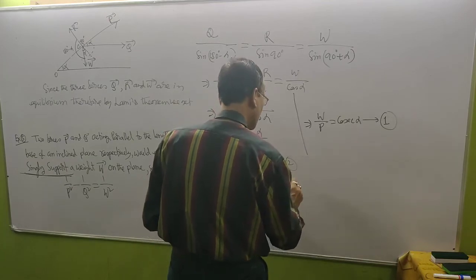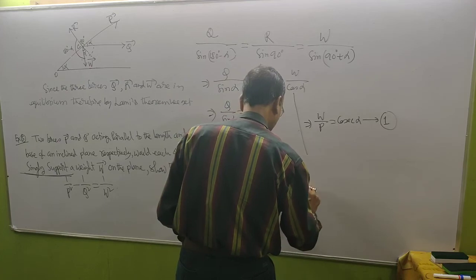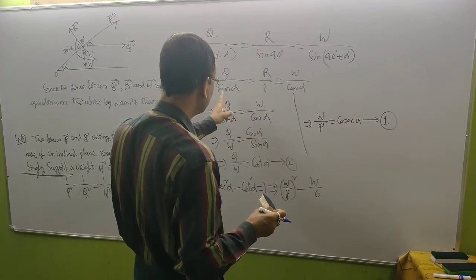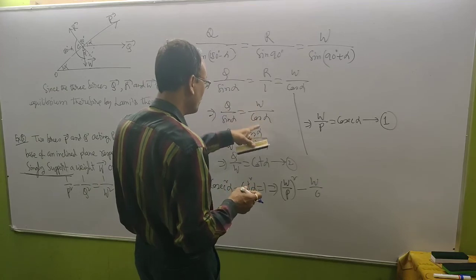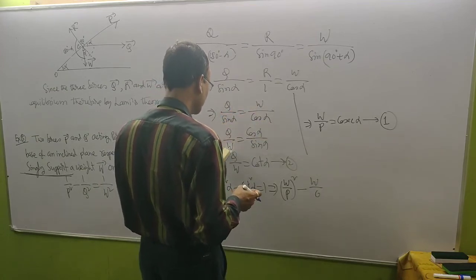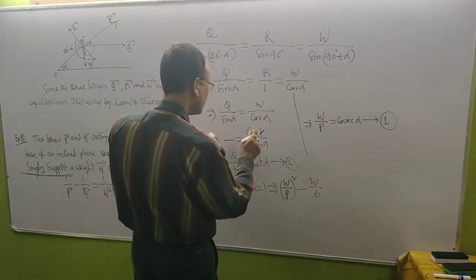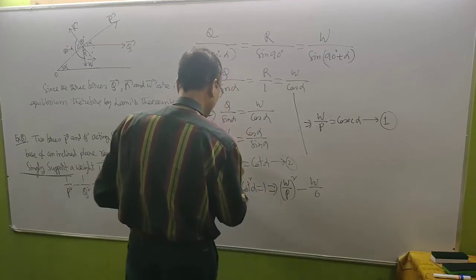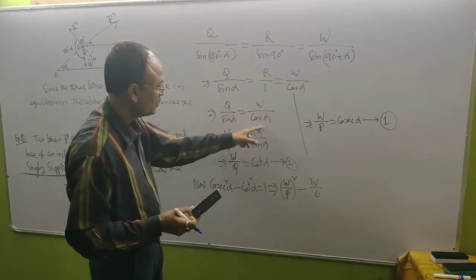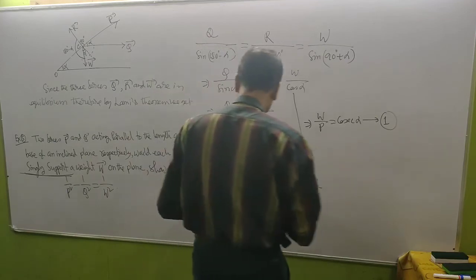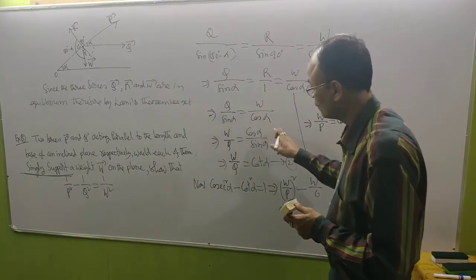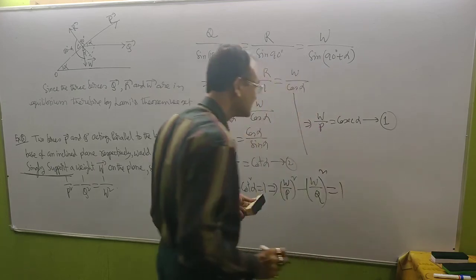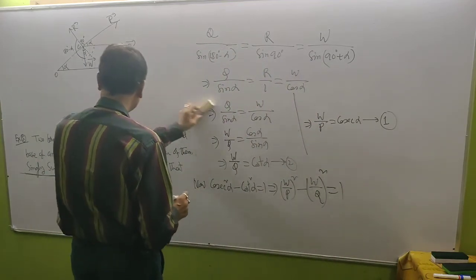This means (W by P) whole square minus (W by Q) whole square equals 1. Correction: it is W by Q, not Q by W, since Q by sin alpha equals W by cos alpha, so W by Q equals cos alpha by sin alpha equals cot alpha.